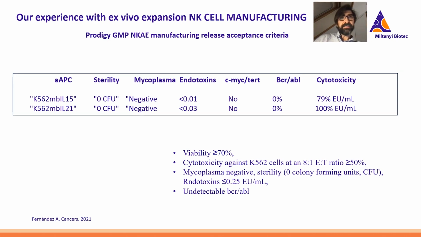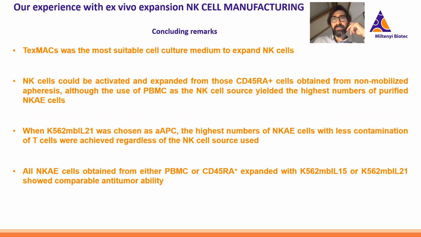The acceptance criteria for the manufactured NK cells at the end of the process include viability higher than 70%, cytotoxicity against K562 higher than 50% at a ratio of 8:1, 8 effector and 1 target, mycoplasma negative, sterility meaning 0 colony forming units, endotoxins less than 0.25 EU per mL, and undetectable BCR-ABL if we use these cells.